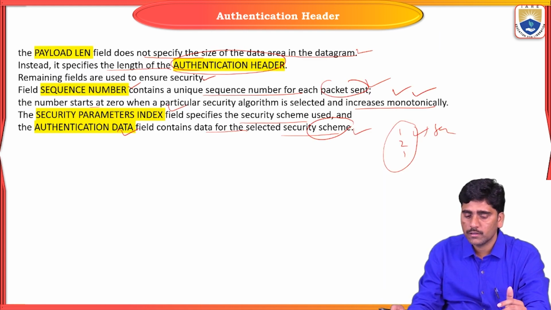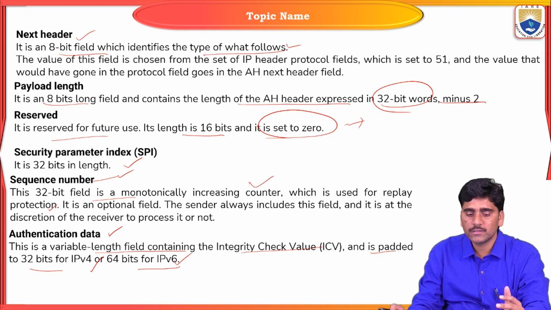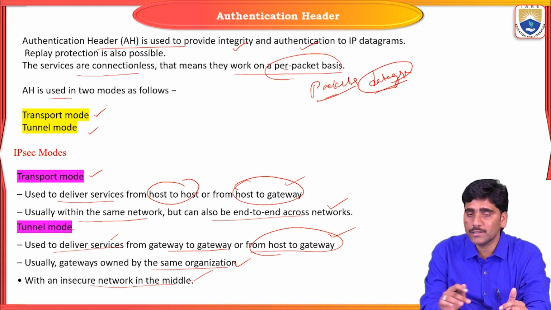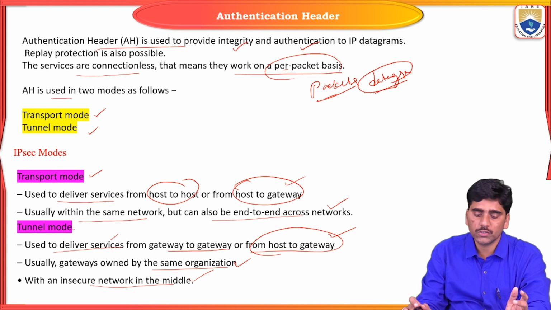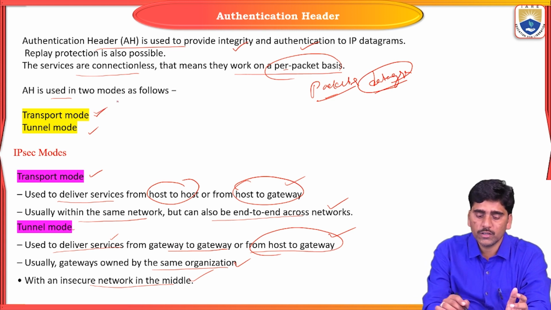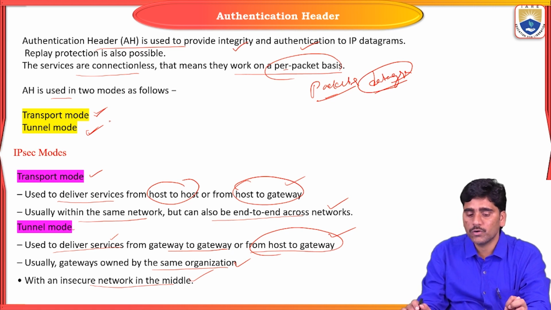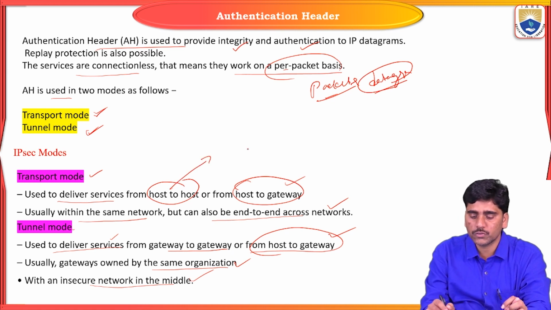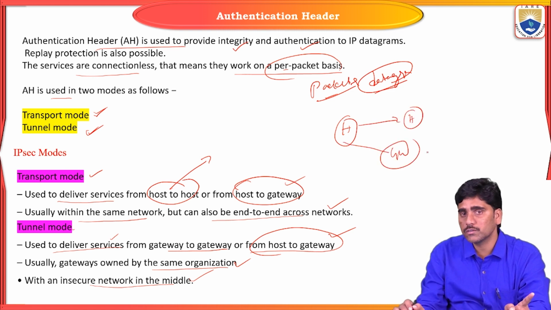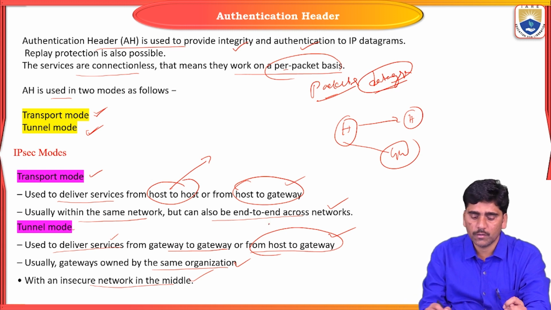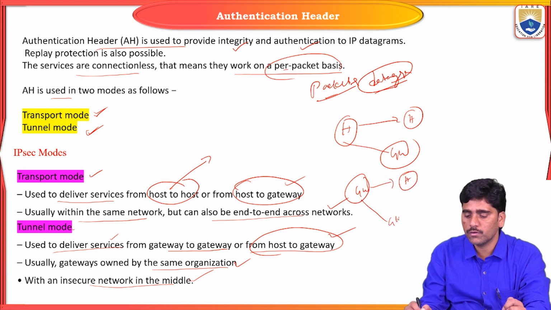And the authentication header is used in two modes: the first is transport mode and the second is tunnel mode. The transport mode delivers the services from host to host as well as host to gateway. But in tunnel mode, the services are offered between gateway to host or gateway to gateway.